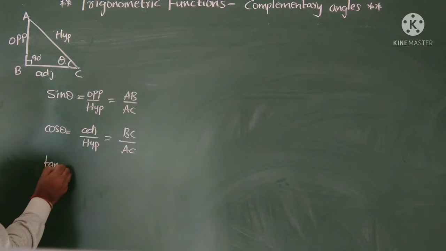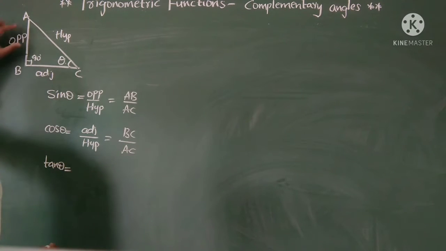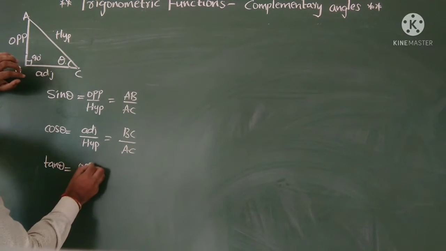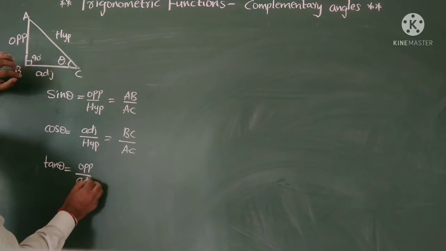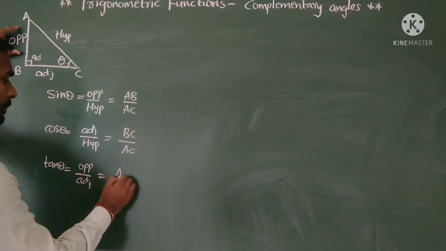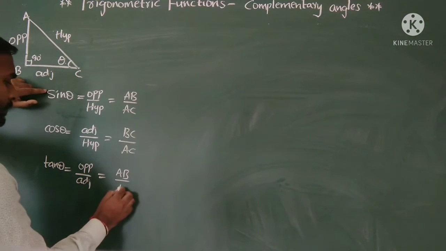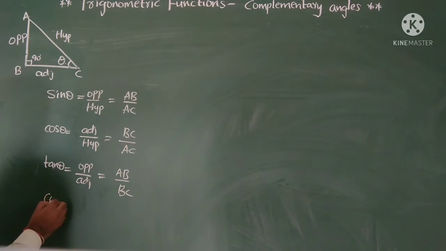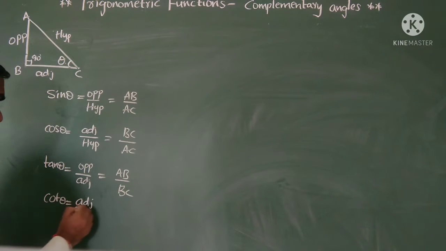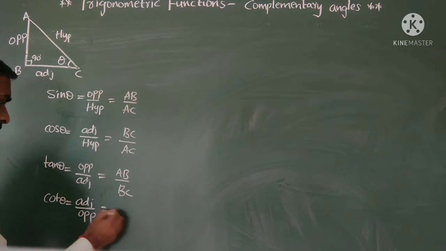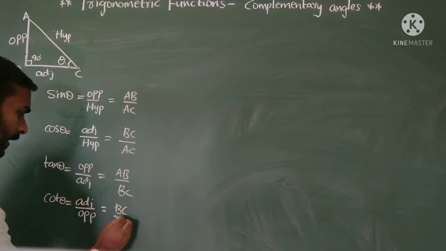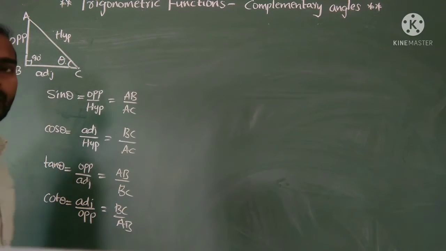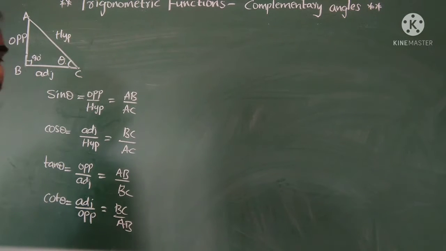Tan theta is equal to opposite by adjacent. That means opposite is AB, adjacent is BC. This one we have discussed. Then cot theta, the reciprocal, is adjacent by opposite, that means BC by AB. This one we have discussed.